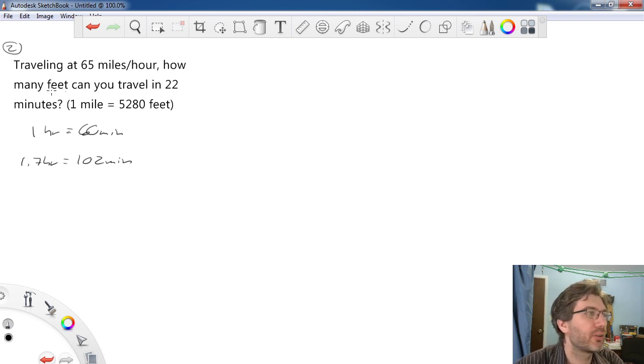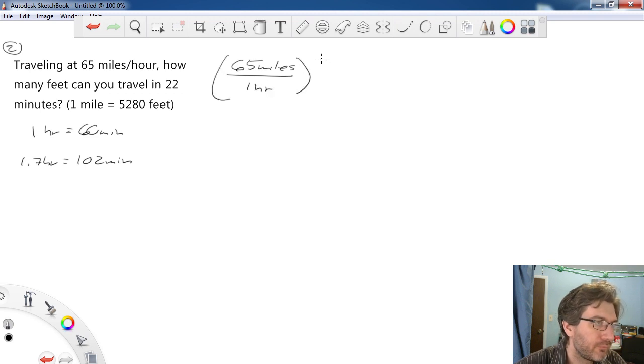So hopefully you're setting this up right. You're traveling at 65 miles in 1 hour. You want to get this down to feet per minute. That's what it's saying. So again, you're going to have conversion ratios.